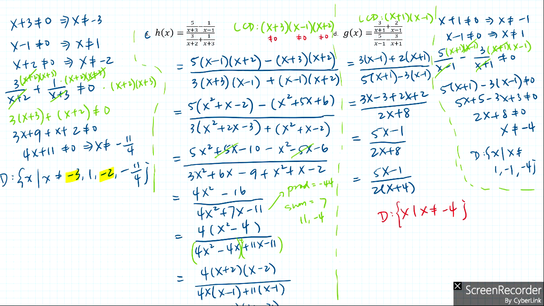I don't know why I wrote it, but the domain restriction to start with was 1, negative 1, and negative 4, and now we're left with negative 4. 1 and negative 1 were the differences which we had to use when we looked at the LCD. We want this to be non-zero, we want this to be non-zero, so that's where they got incorporated, even though there was technically no direct cancellation in the process.